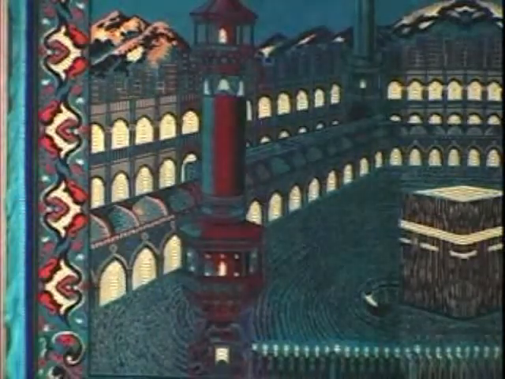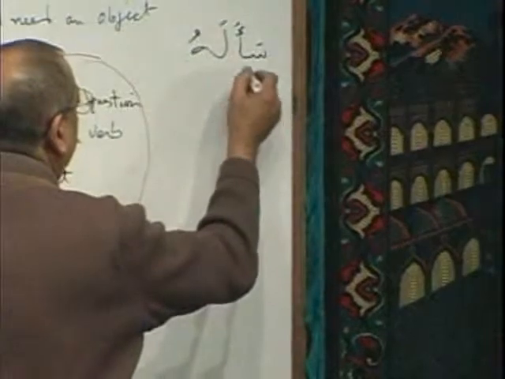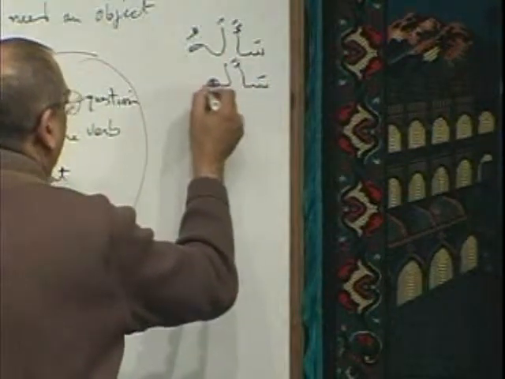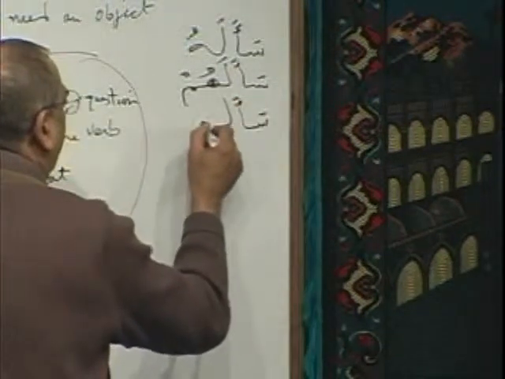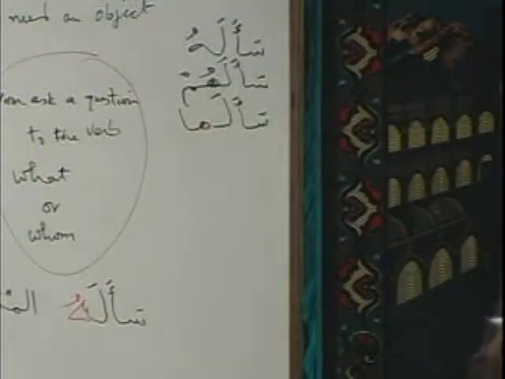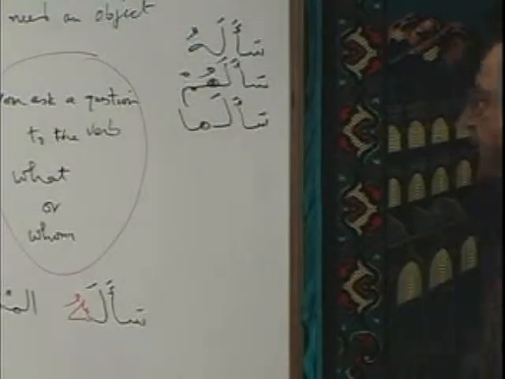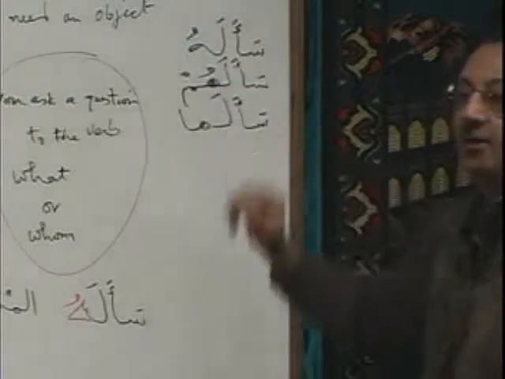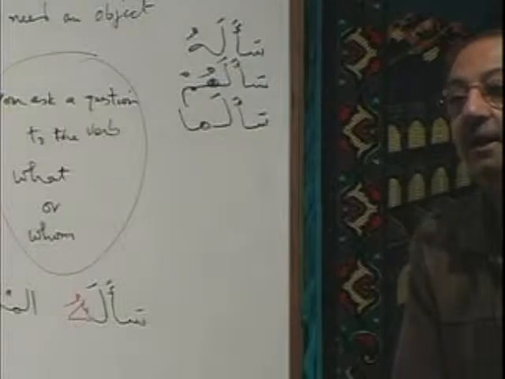See here, I will write down here, brother. Sa'alahu, sa'alahum, sa'alaha, and sa'alahunna. But as I said, we can do 14 pronouns. Let us do the 14 pronouns, one by one: sa'alahu, sa'alahuma, sa'alahum, sa'alaha, sa'alahuma, sa'alahunna.